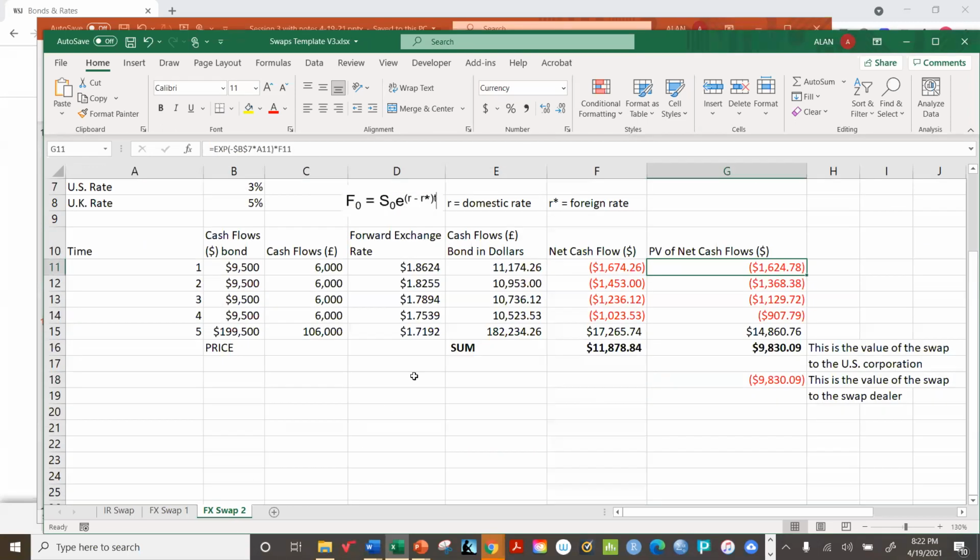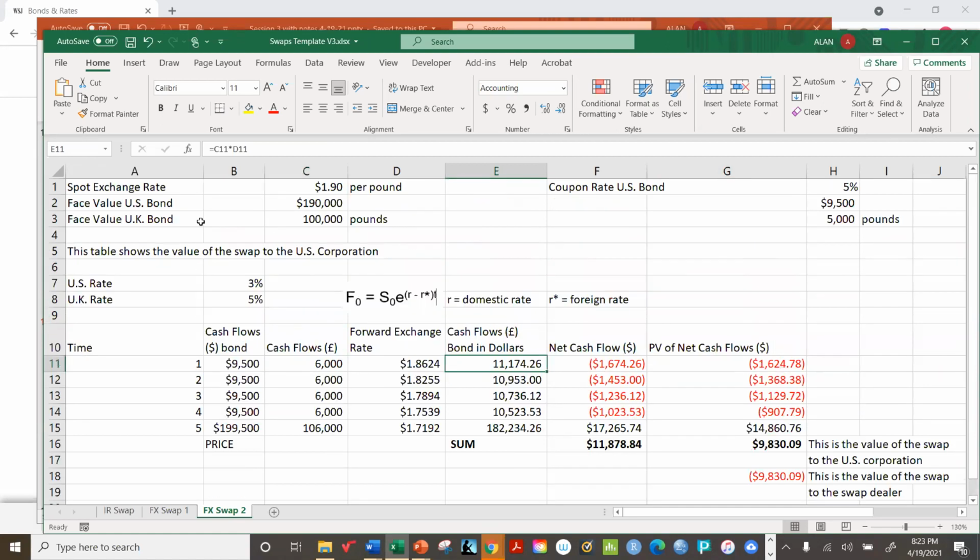But here, I'm using the forward exchange rate to price the cash flows from the pound bond, and then I can compare them directly to the dollar bond's cash flows and figure out the difference and the present value of those differences. So that's what this is all about. It's a very complicated procedure. It's not something you can pick up very quickly or overnight. It takes a while to get used to what's happening here, but once you see the basic logic, it's really not that difficult to figure out what's going on.